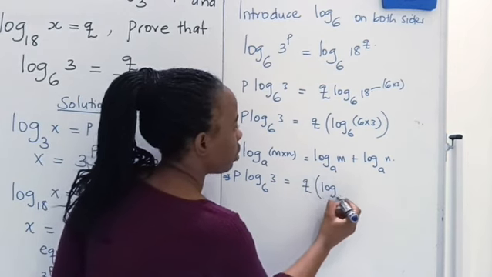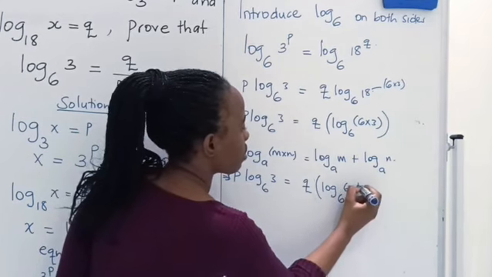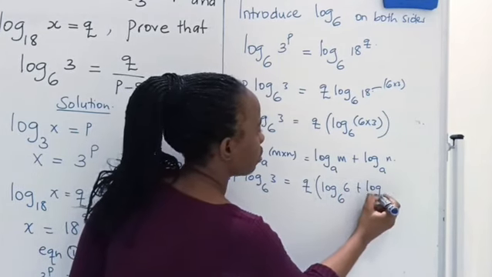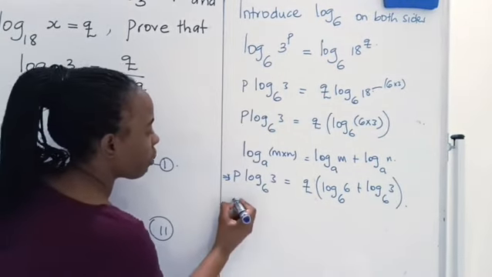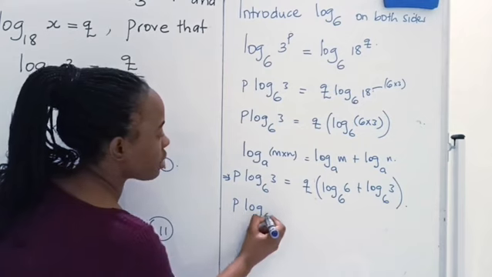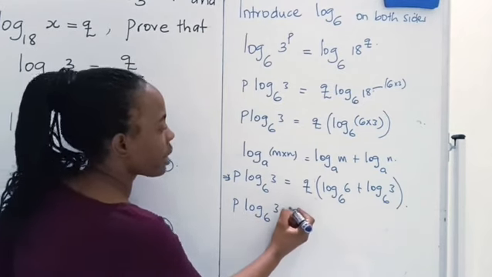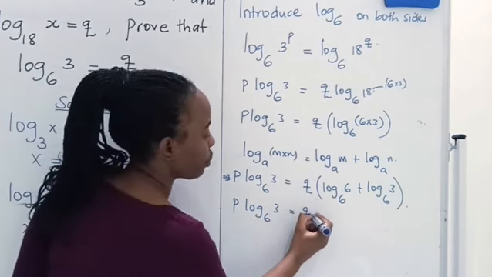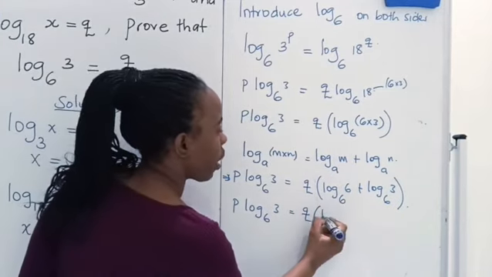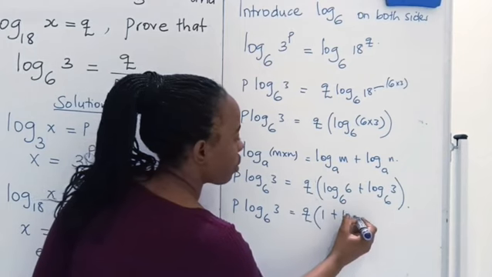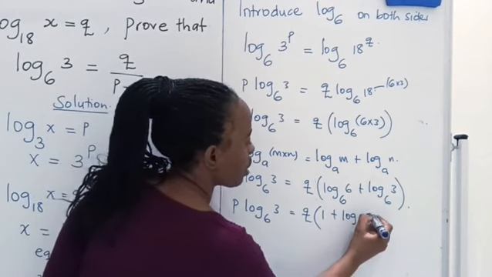So this implies that p log 6 of 3 is equal to q, open brackets, log 6 of 6 plus log 6 of 3. p log 6 of 3 is equal to q, open brackets, log 6 of 6 is 1, plus log 6 of 3.